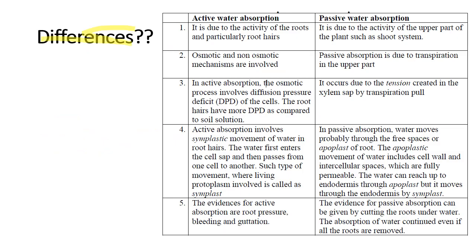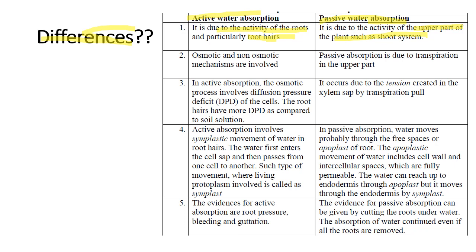So what are the differences between active and passive water absorption? Active water absorption is due to the activities of roots, especially root hairs, whereas passive water absorption is due to the activity of the upper part of the plant such as the shoot system.